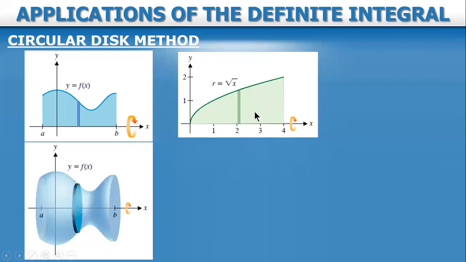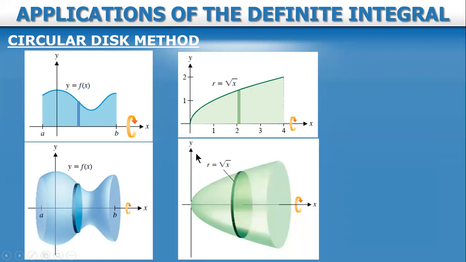The result when you revolve this area about the x-axis is this. And for this rectangular strip, after revolving, this is what you will get, a circular disc.